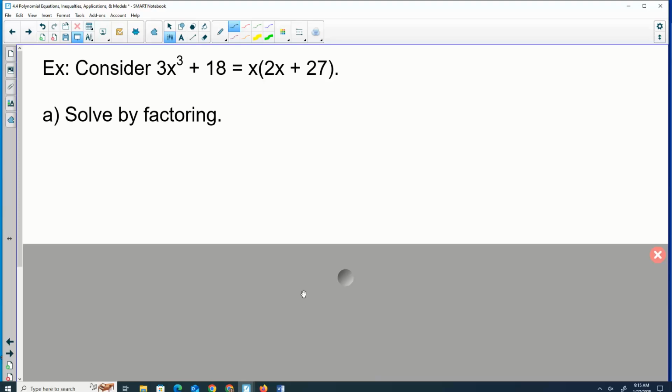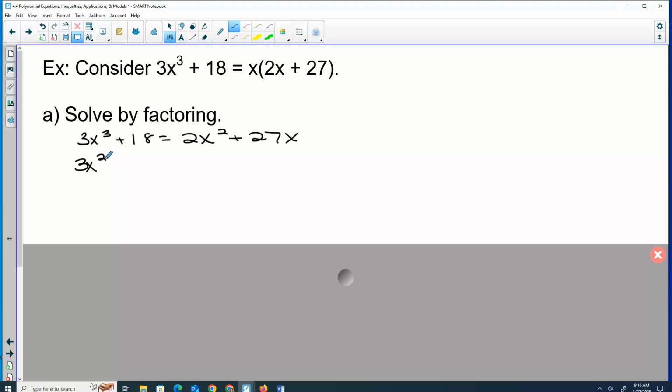So if I ask you to solve this one by factoring, what would you have to do first? Then what would you have to do? Subtract.